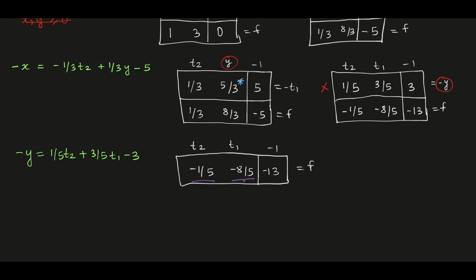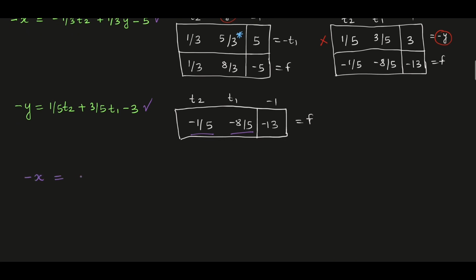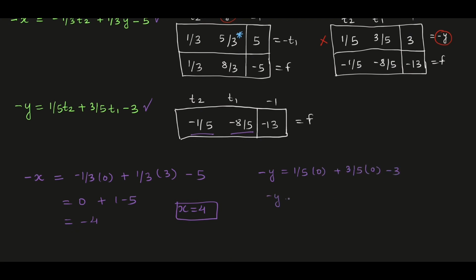Now the third and final step is to plug in the values of t1 and t2 at zeros in these two equations. So now let's do that. As we can see here, these are the values we got for x and y.